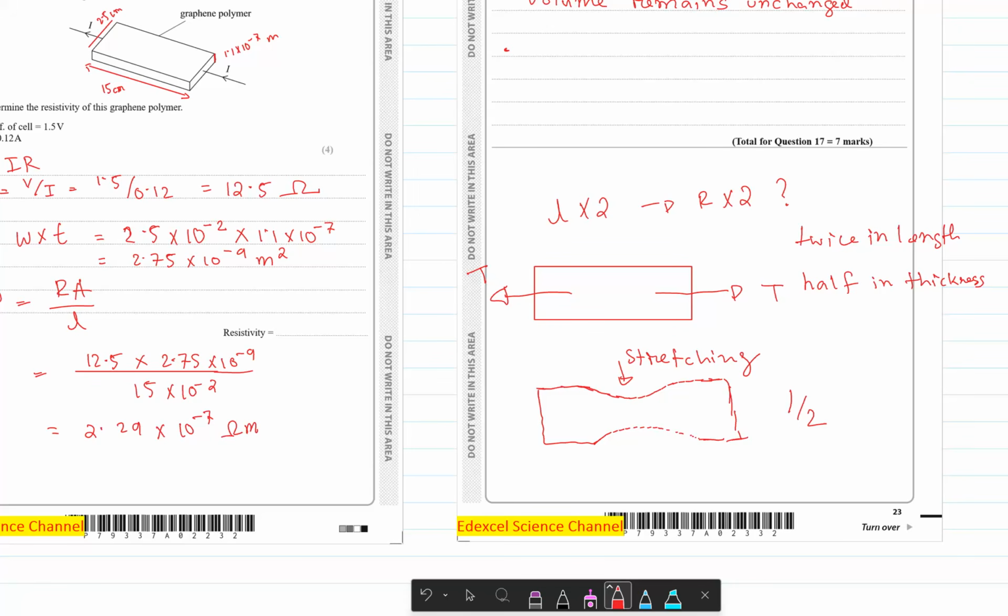If you increase the same thing by pulling it from two directions and increase the length twice, it will become half in thickness, right? On top of that, if your thickness is half, then your cross-sectional area is also half.